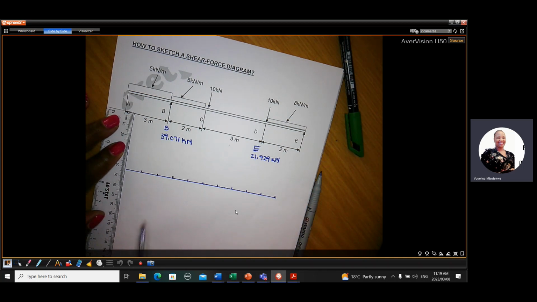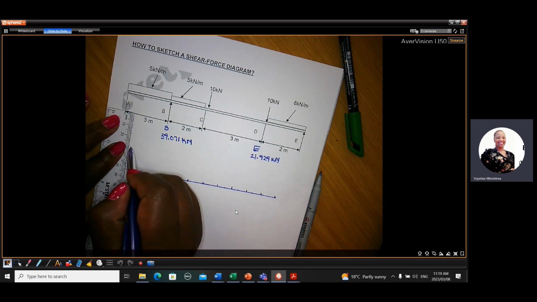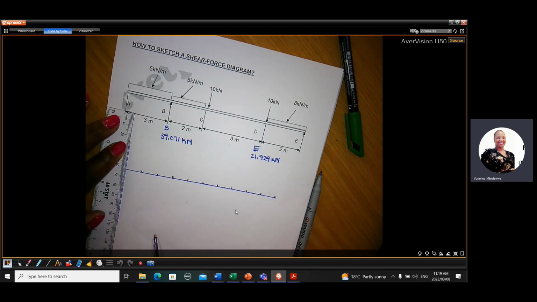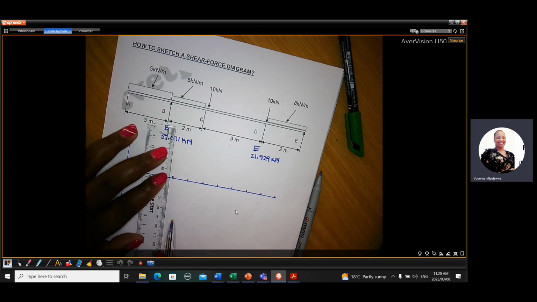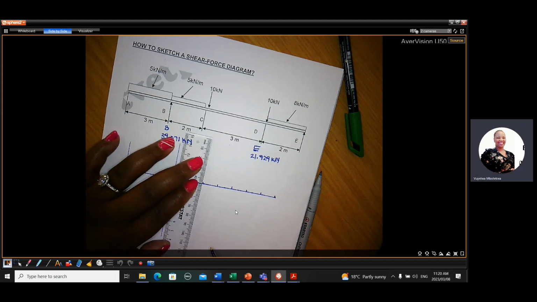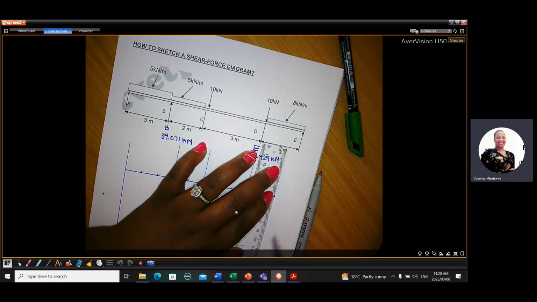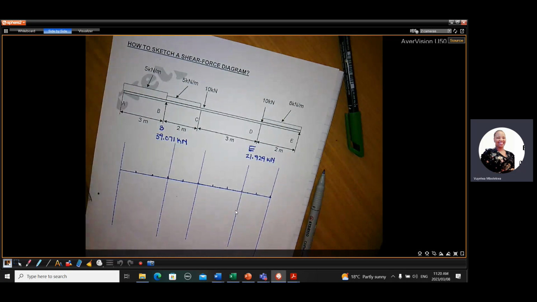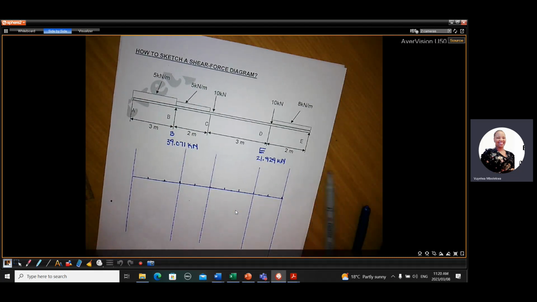And then I also want to have my references for A, B, C, D, and E. Those are all the points where you have a force. So this is A, and B is 3 meters after A, and C is 2 meters after B, and then 3 meters we have E, and then we have the end. You're always going to have a reference at the beginning as well as at the end.